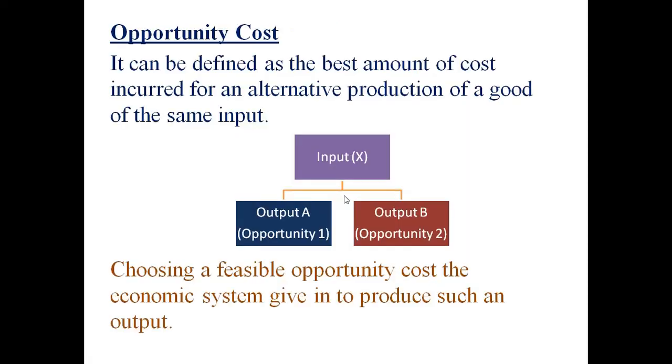So what is opportunity cost? Let us just have a look here. It can be defined as the best amount of cost incurred for an alternative production of a good of the same input. And the very foundation has been given by the economist Lionel Robbins.